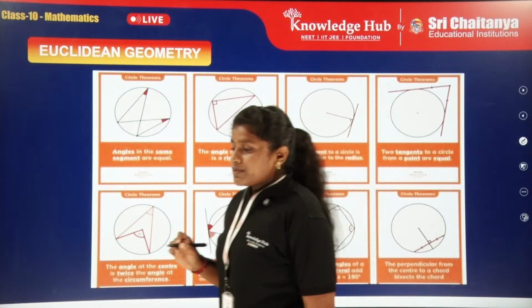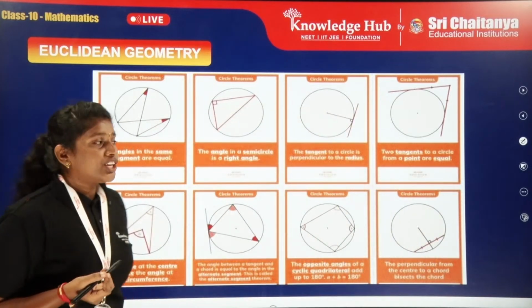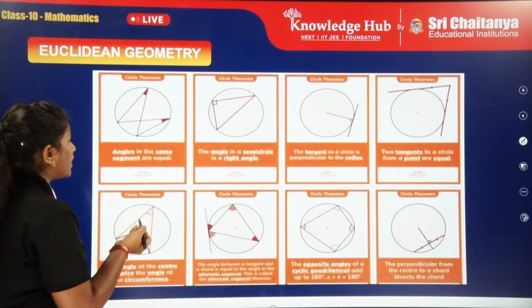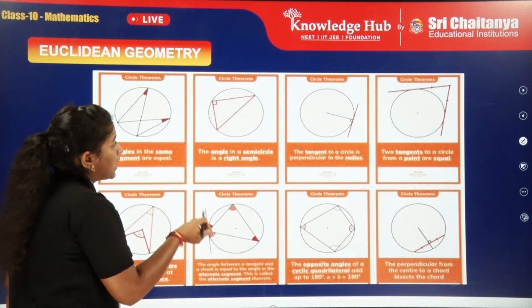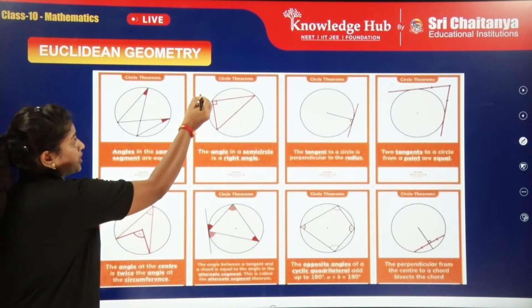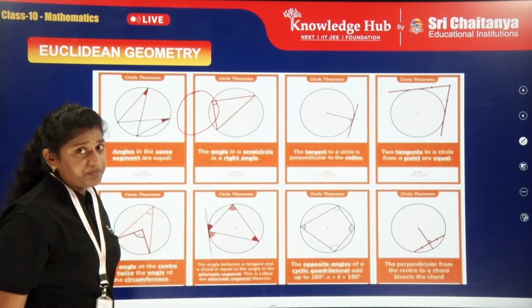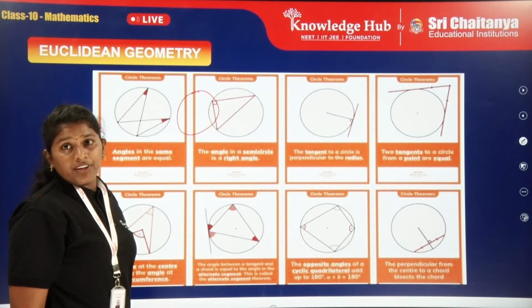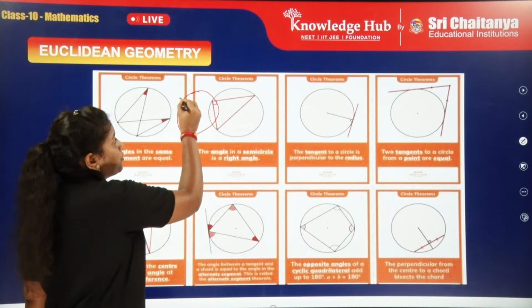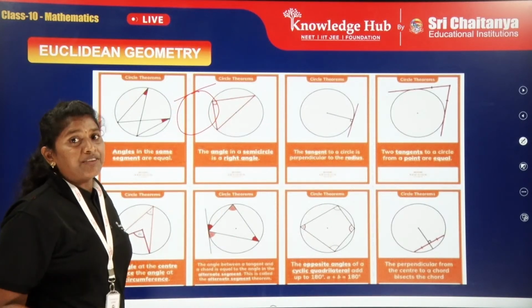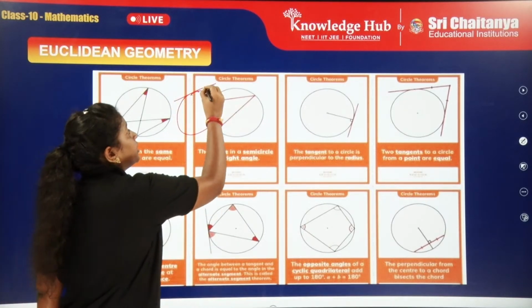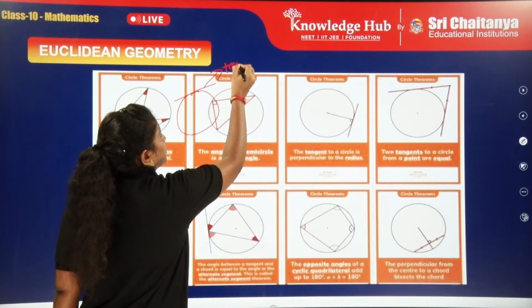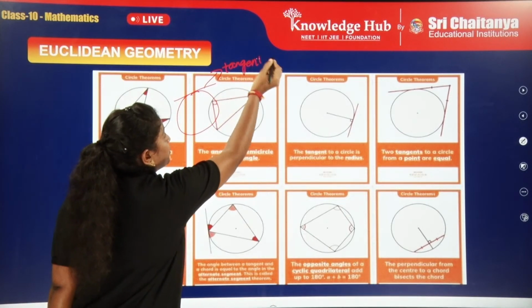Now, if we observe here, for a circle we are having a chord and a tangent. Consider that you are having a circle. If you have a line that touches the circle at one point, then we call it a tangent.